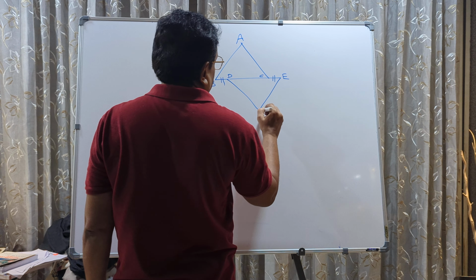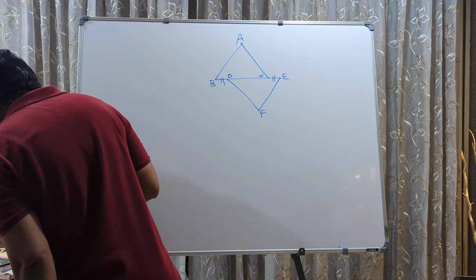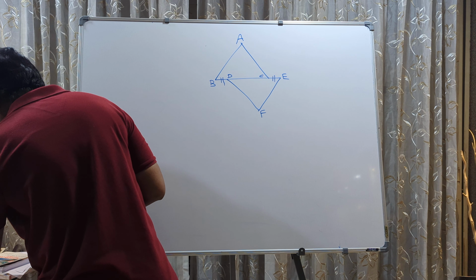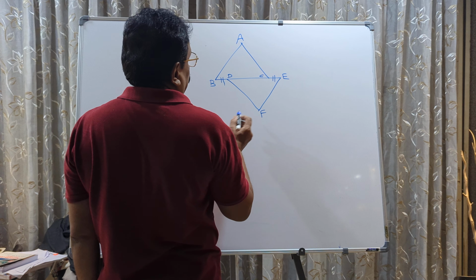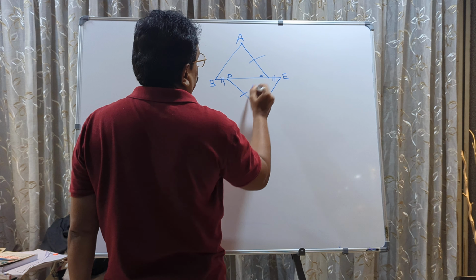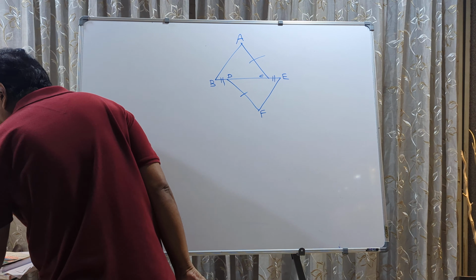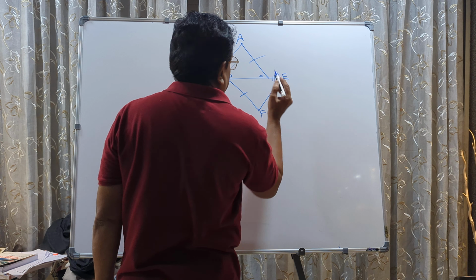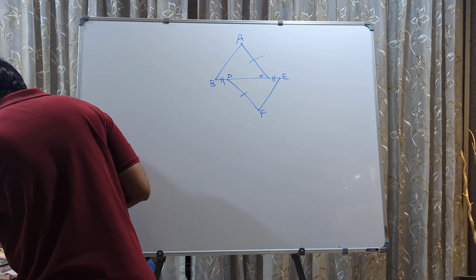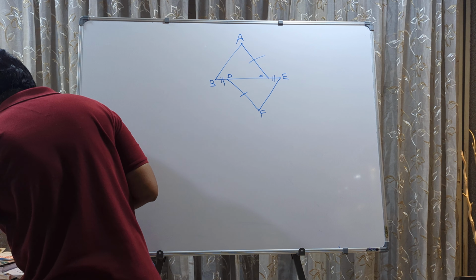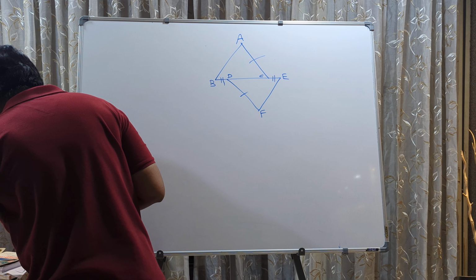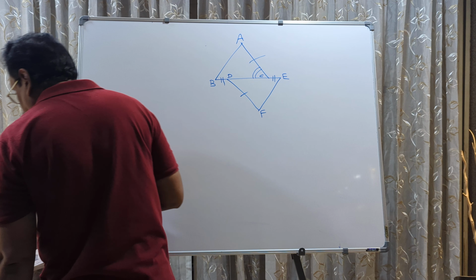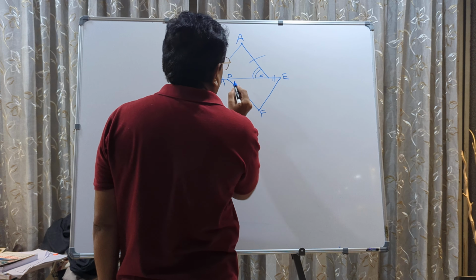And now what they say is, in this triangle AC is equal to DF. AC is equal to DF and BD is equal to CE. This is equal to this. Okay, and they also say angle C is congruent to angle D. ACB, this one, is congruent to FDE, this one.